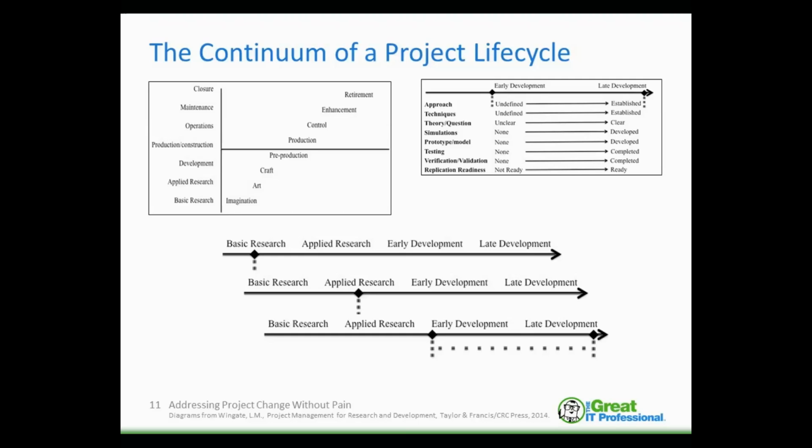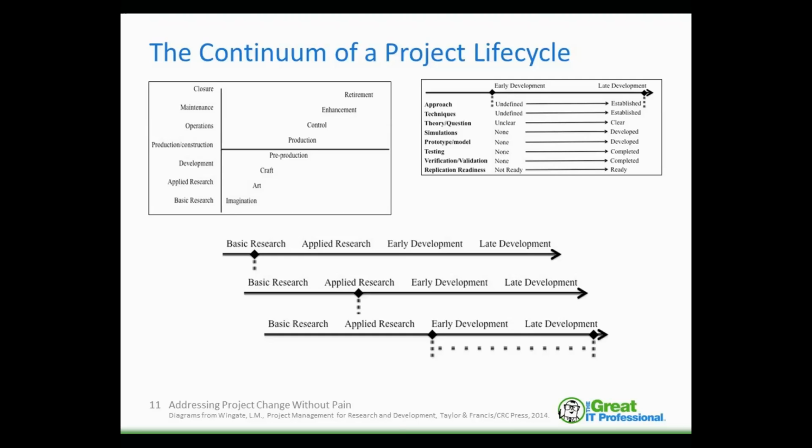If you look at the right box, the right top of the slide, this model focuses on additional considerations to help determine how early or late in the research and development process the project falls. So the model looks at approach, techniques, theory, simulations, prototyping, testing, etc. And it gives you a continuum from early development to late development.